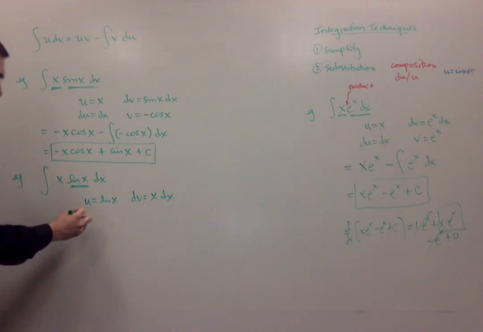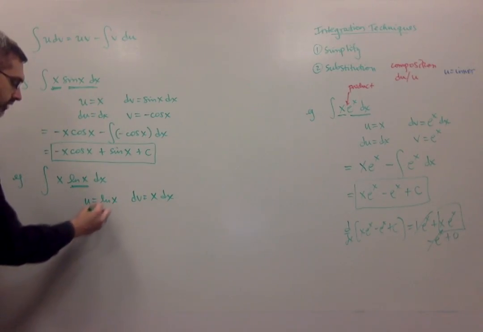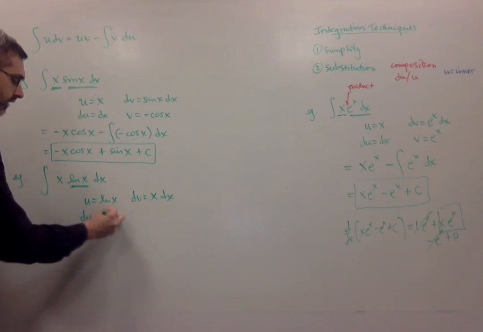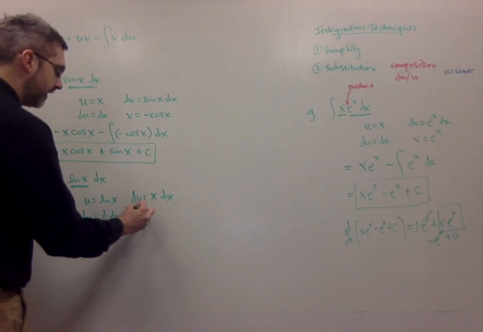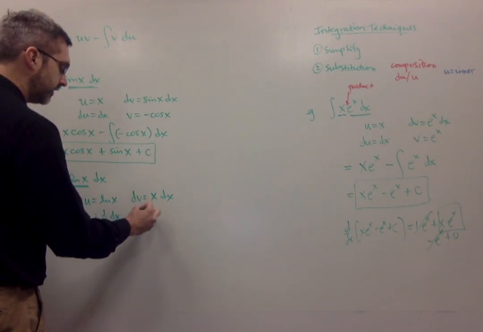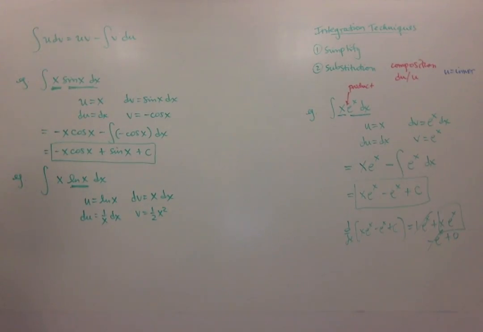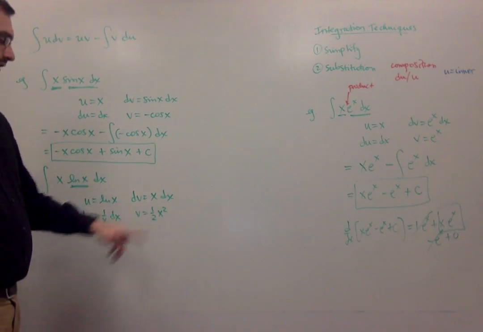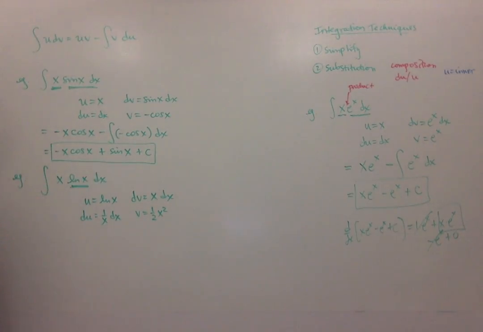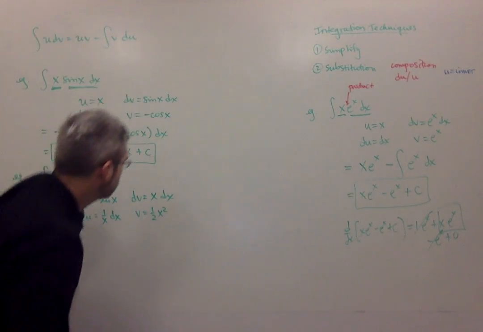So now let's compute what the du is going to be. du is 1 over x dx. And v is going to be 1/2 x squared. Okay, 1/2 x squared is going to differentiate down to x, so that will work for me.